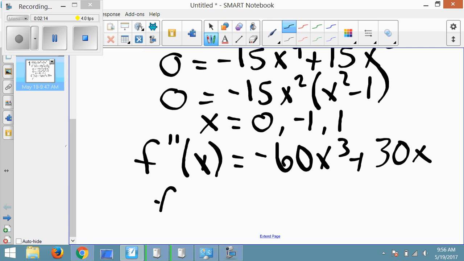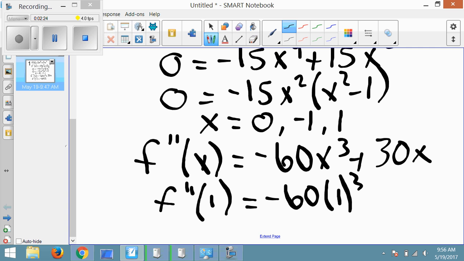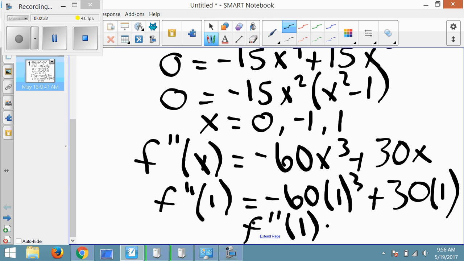So f double prime of 1 is equal to negative 60 times 1 to the third plus 30 times 1. So we get an answer of f double prime of 1 being equal to negative 30.